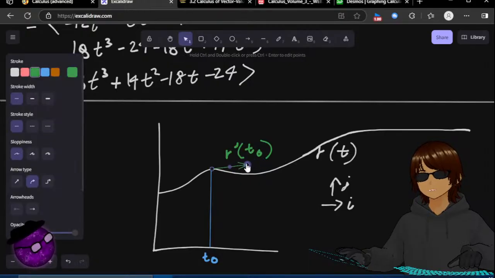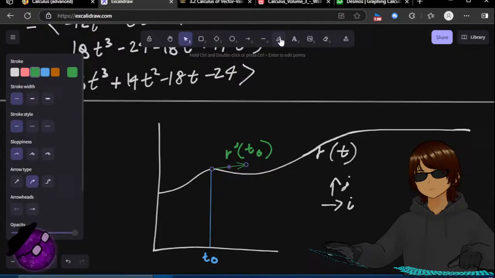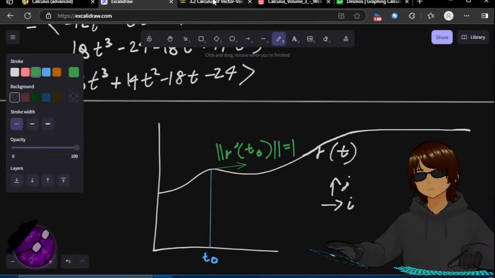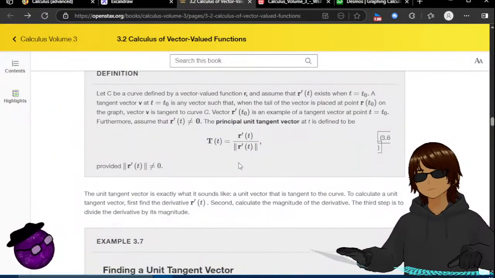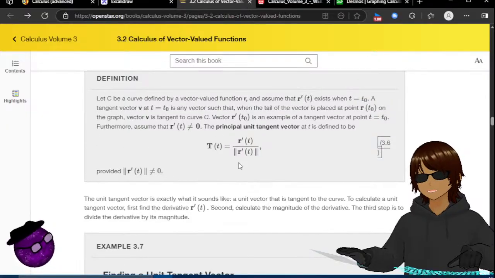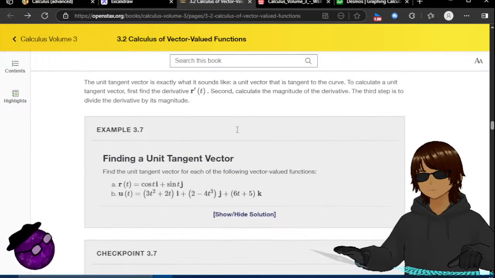So the length is 1. This and this, the length is 1. That is a unit tangent vector. I don't know what they mean by principal.